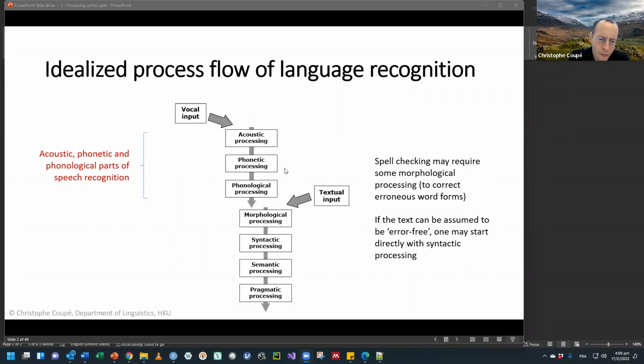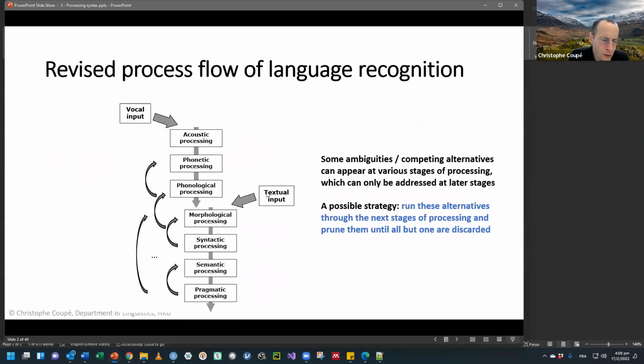The point is that from time to time, when you try to process things at one level, you have a number of ambiguities. You have a number of options, some competing alternatives, and you cannot solve them directly. So you need to move forward with your different alternatives through the next stages of processing.